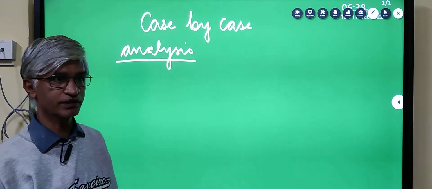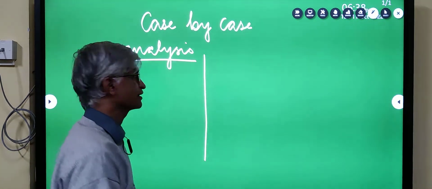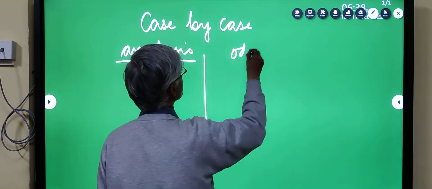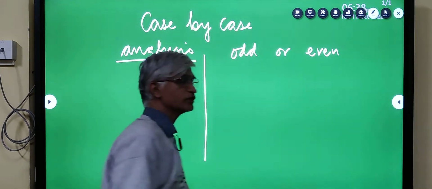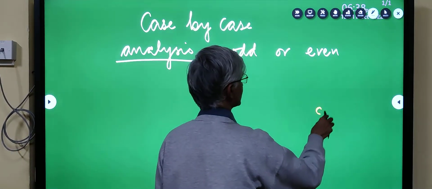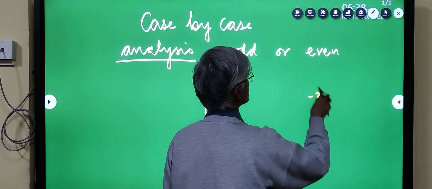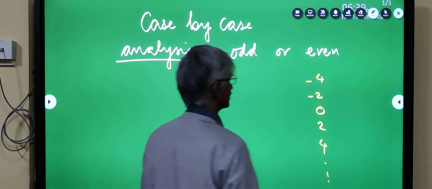So, for example, the simplest idea here is that all integers are either odd or even. When you talk about the even integers, you are referring to numbers like 0, -2, -4, 2, 4, and so on.